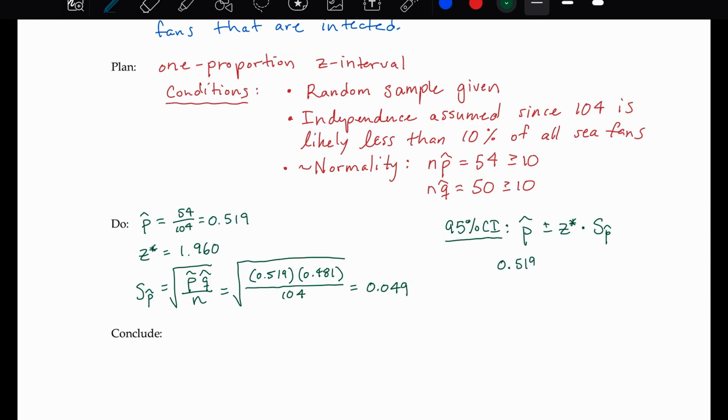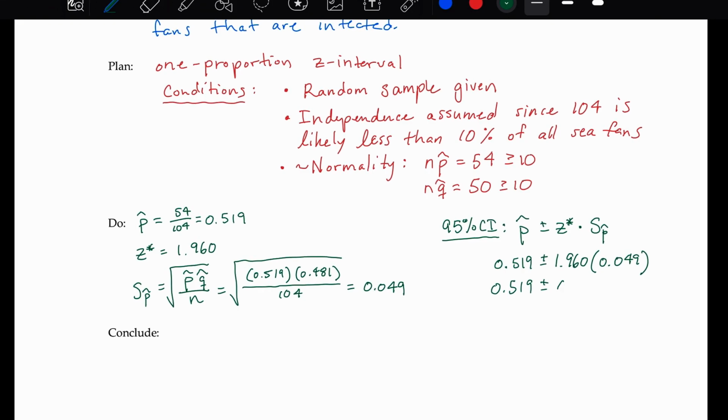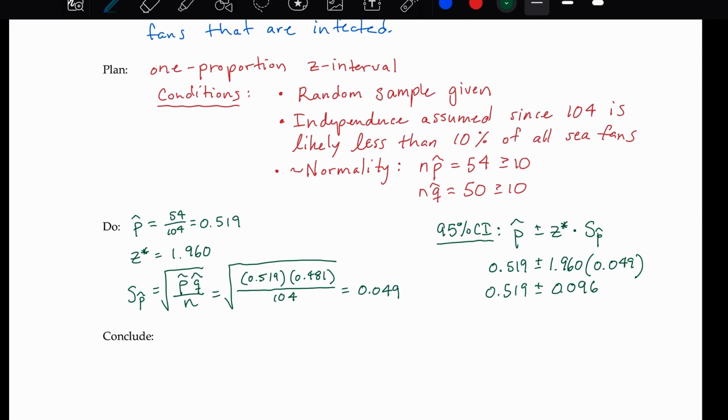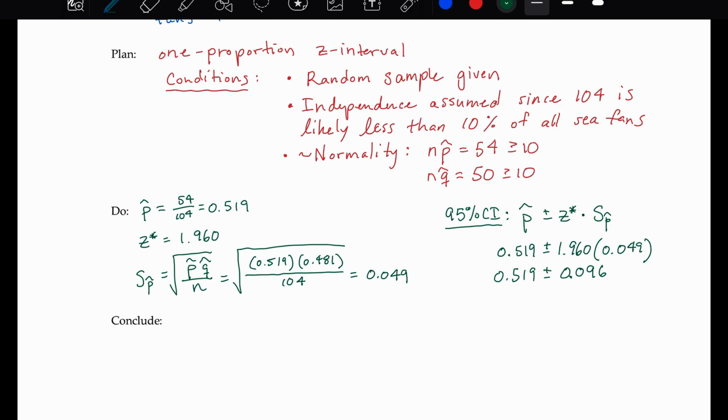We got 0.519 plus or minus 1.960 times 0.049, which we can simplify to 0.519 plus or minus, that multiplication gets us 0.096.